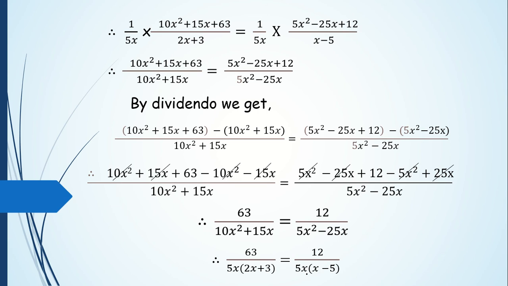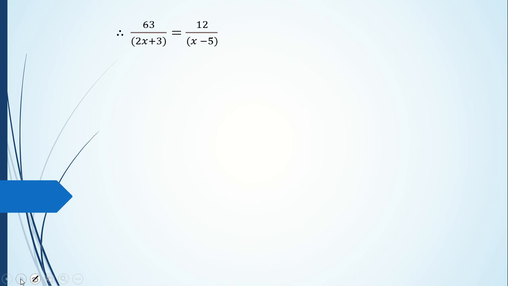And from this side also we have taken 5x common, and what remains inside is x minus 5. Now we can say, multiplying both sides by 5x, the 5x gets cut from both sides, and we are left with 63 upon 2x plus 3, 12 upon x minus 5. So it is a quite simplified equation.